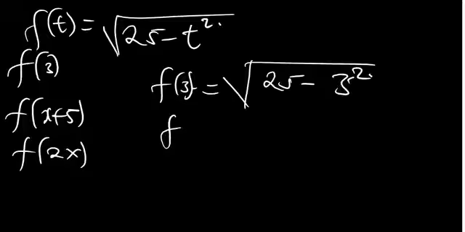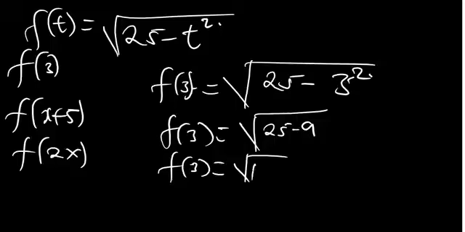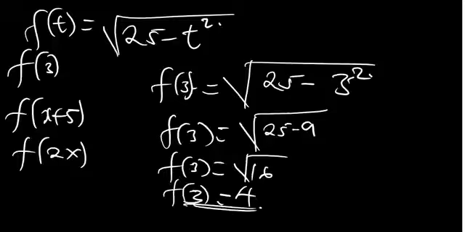So f of 3 is going to be 25 minus 9. 25 minus 9 is going to give us 16. Now the square root of 16 is 4. So the answer for part 1 is 4.